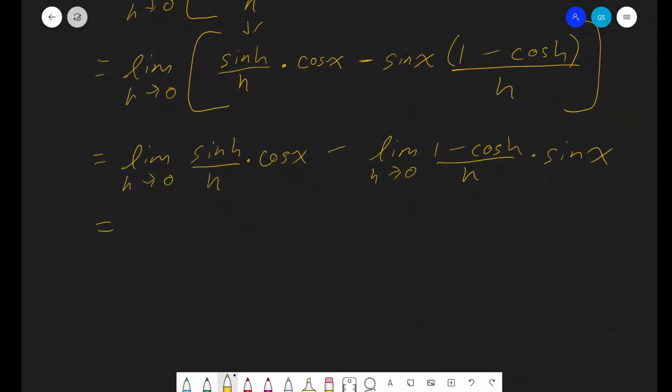Now we just evaluate. So the limit of h approaching 0 of sine h over h is just 1, right? And there's nothing to be done here with this cos x, so this is just 1 multiplied by cos x, which is just cos x.